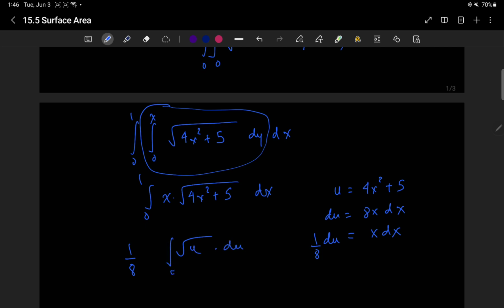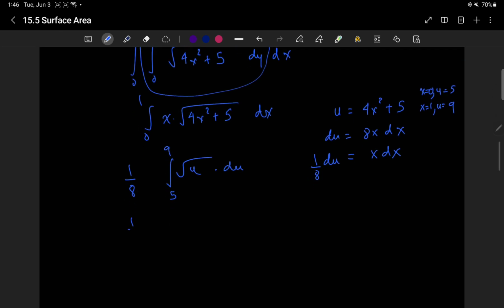When x is 0, u is 5, and when x is 1, u is 9. So you get 1/8 times u to the 3 halves times 2/3, from 5 to 9.